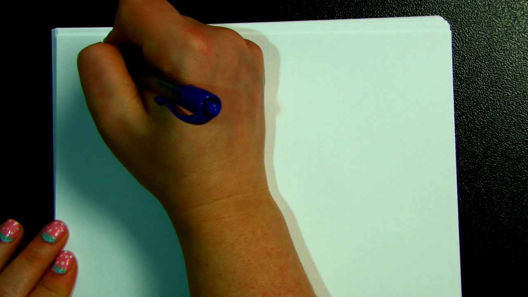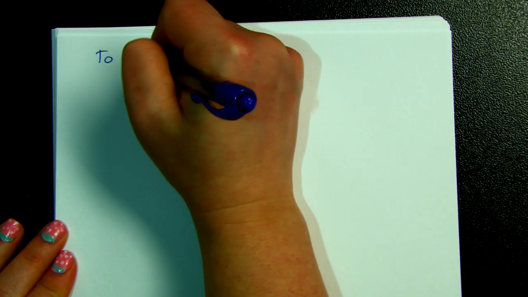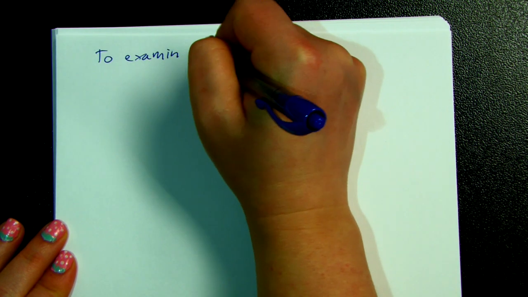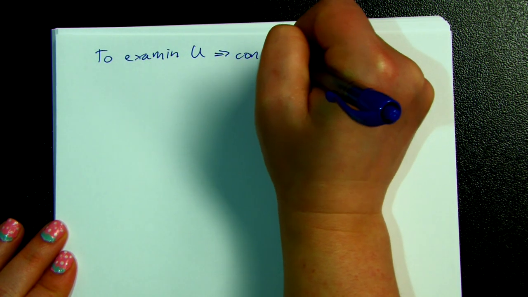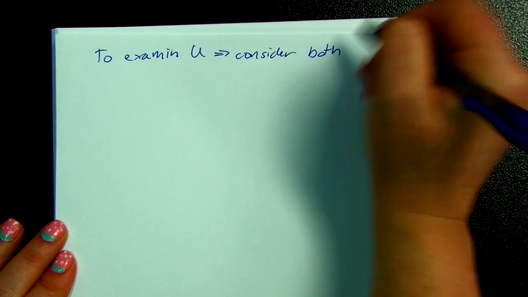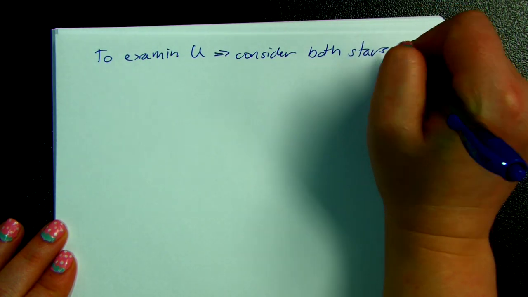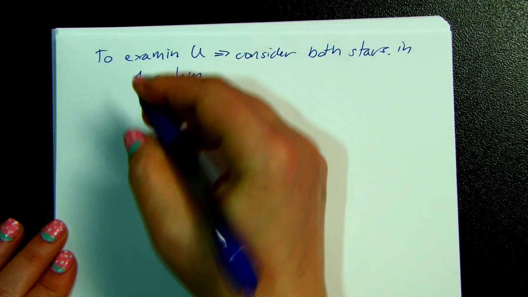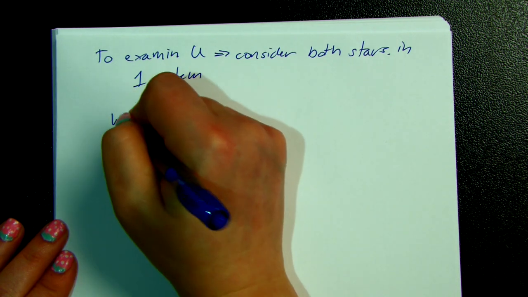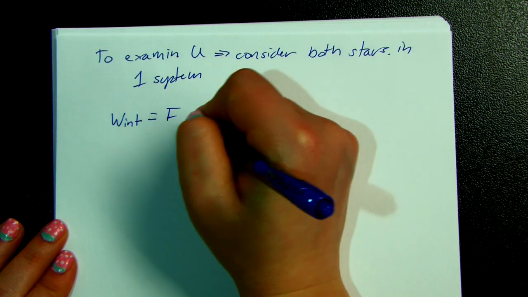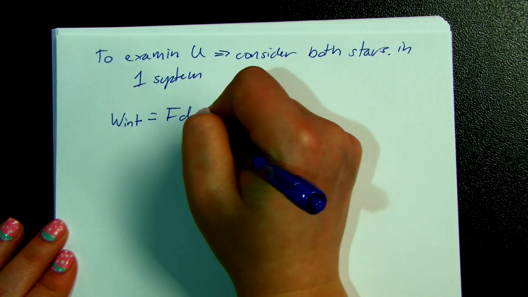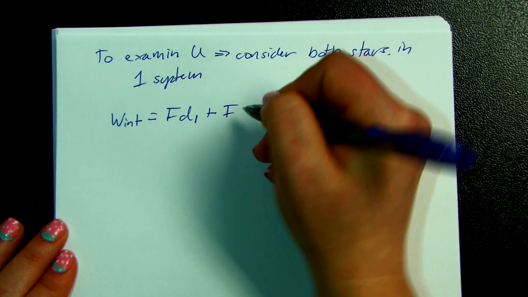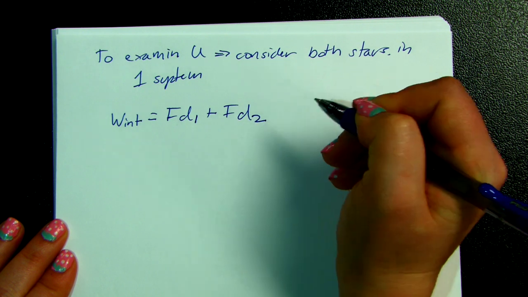All right, so we need to examine the potential energy. So we want to consider both stars in one system. The work internal is equal to the force times distance 1 plus the force times distance 2.